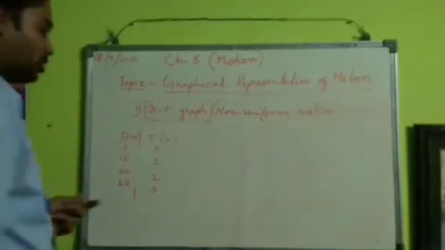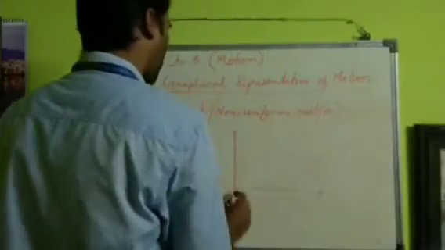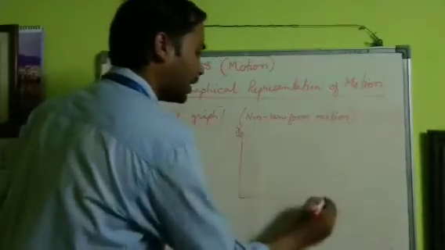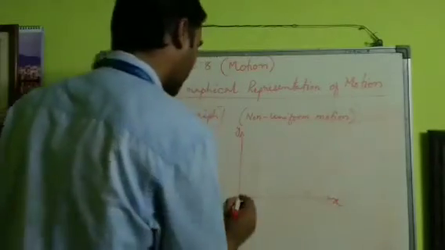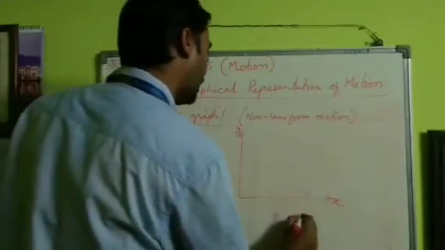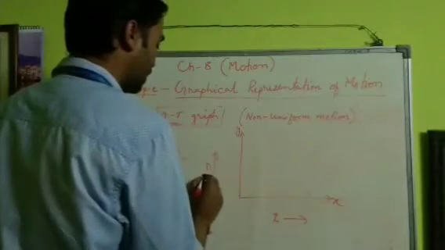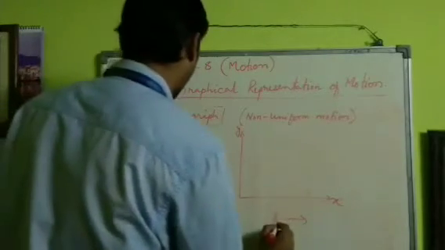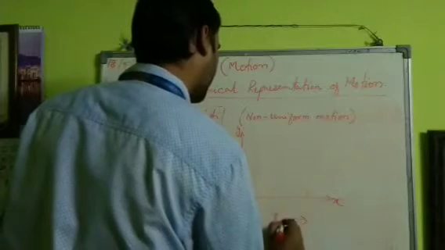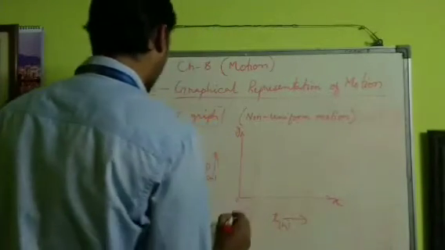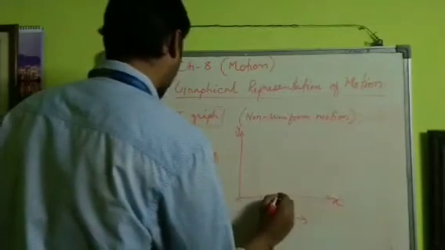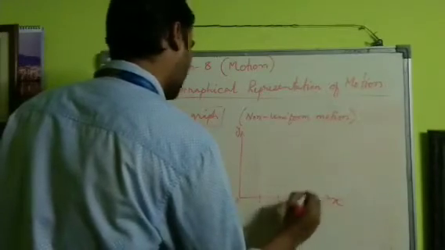Now let us try to plot this value in the graph. This is y, this is x-axis, time will be along x-axis and distance will be along y-axis. Distance is in kilometers, time is in hours. This is 0, this is 1, this is 2, this is 3.